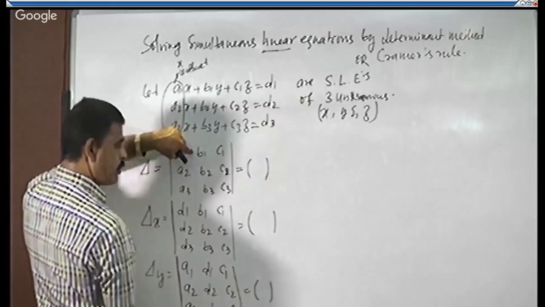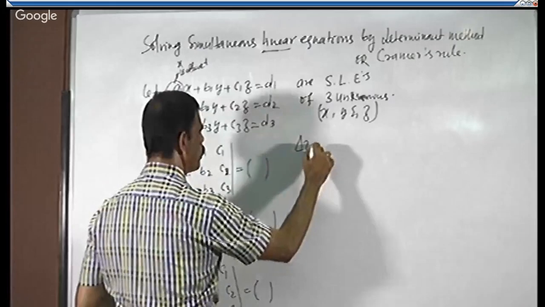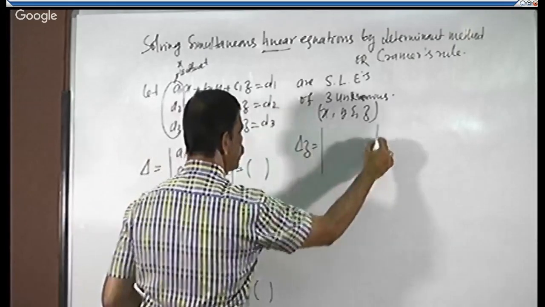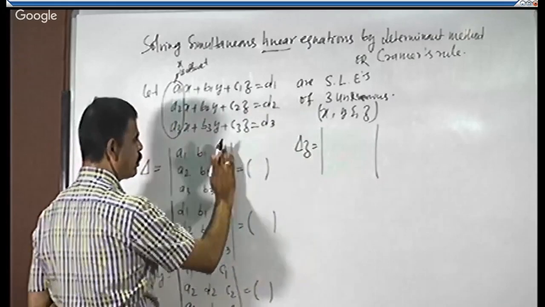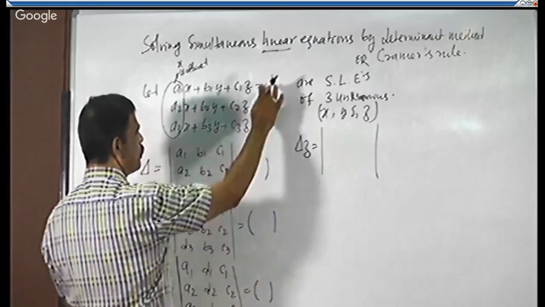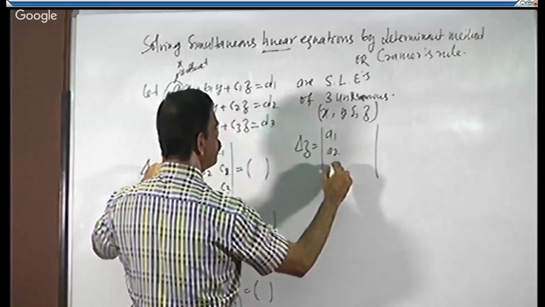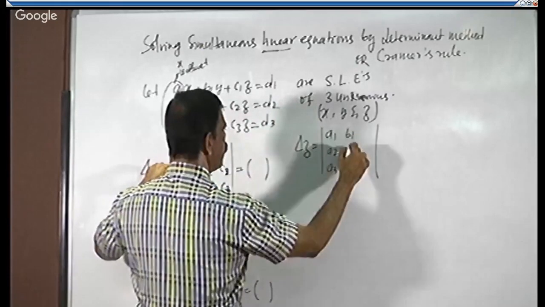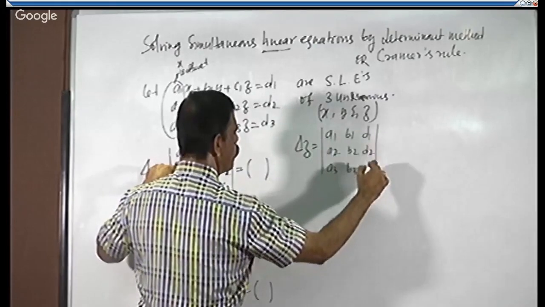This is delta y. Then get delta z. Delta z, z is third unknown, whose coefficients are C1, C2, C3. They should be replaced by what? Constants D1, D2, D3. That is A1, A2, A3, B1, B2, B3, D1, D2, D3.